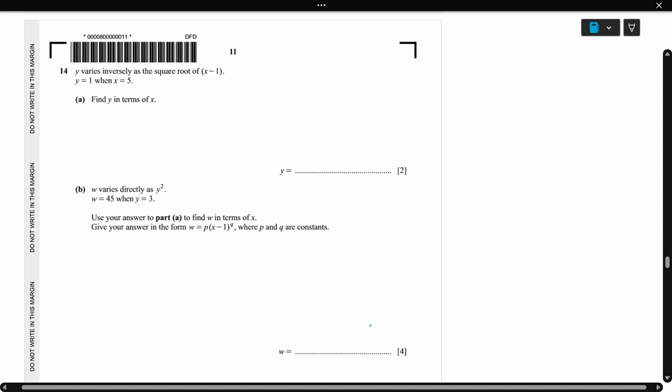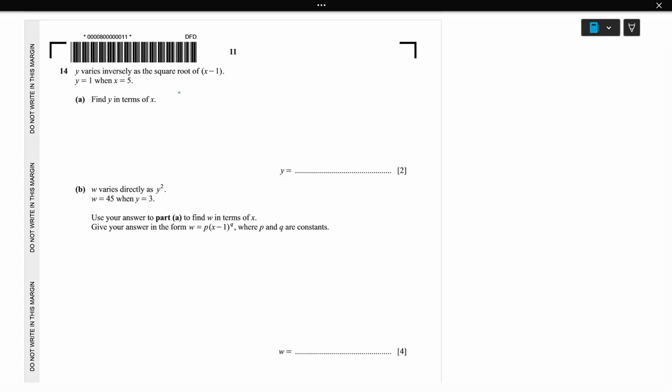The next one, question number 14. y varies inversely as the square root of x minus 1. So y is inverse, so y equals k over the square root of x minus 1, where we take some constant k. Given y equals 1 when x equals 5, 1 equals k over the square root of 5 minus 1, so 1 equals k over square root of 4, 1 equals k by 2.